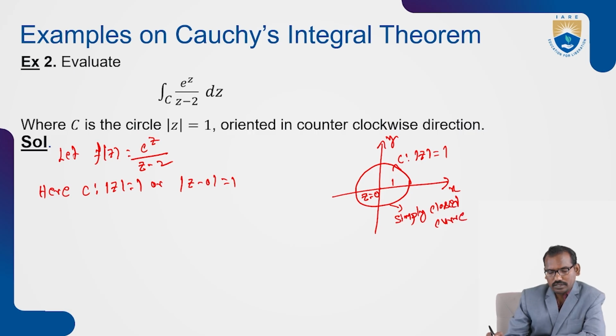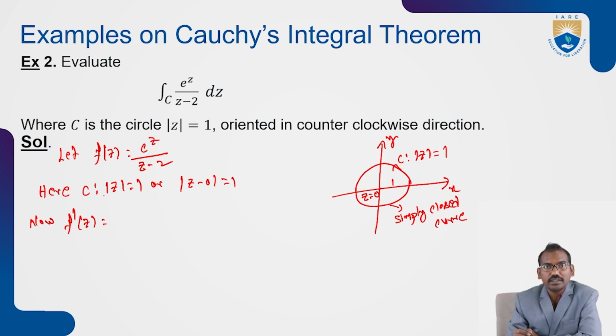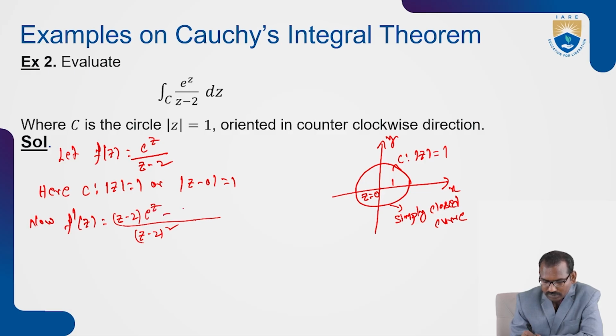And now, what is f prime of z? We calculate it because I want to find the singular points of the given function. Keep the denominator, z minus 2 whole square, and perform the derivative for the numerator, which is e power z only, minus e power z, keeping it aside and performing the derivative for z minus 2, you will get 1.